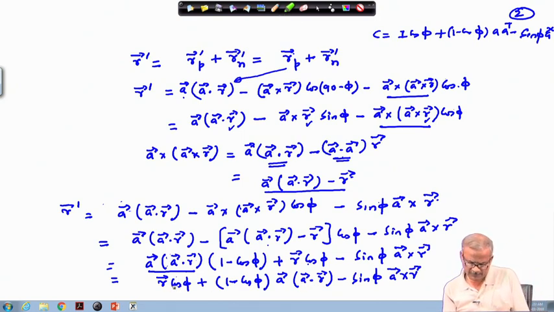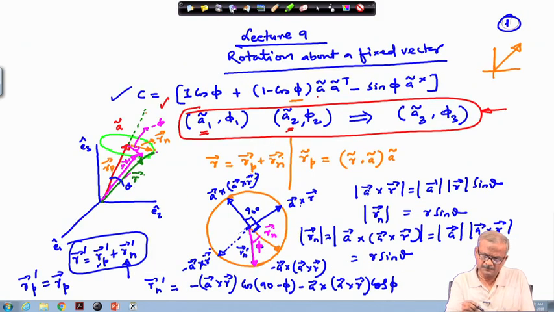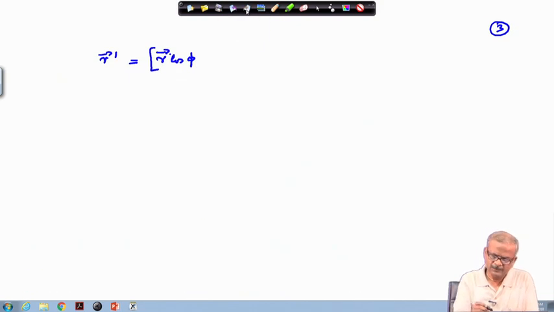What we are going to do now is write it in a matrix, convert it to matrix format. For doing this, our strategy will be to take r outside. Let us write the r out of the bracket. So, we write r here in this place.